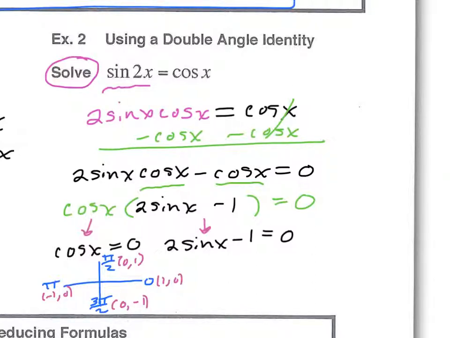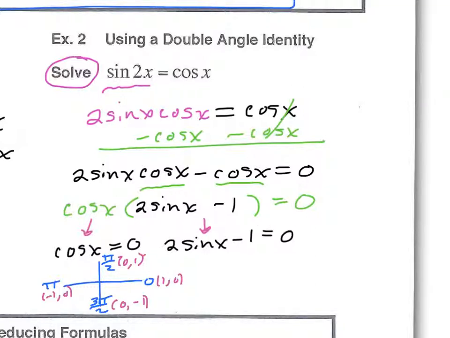So, what value, x or y, is the cosine on those ordered pairs? The x. Which ordered pairs have 0 as their x value?